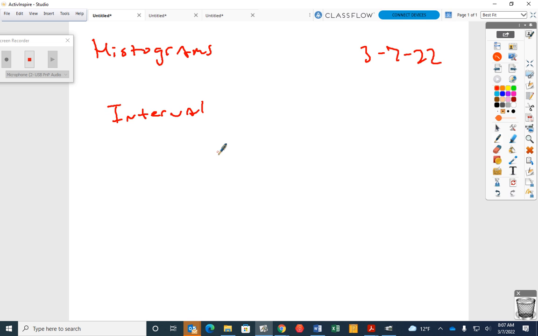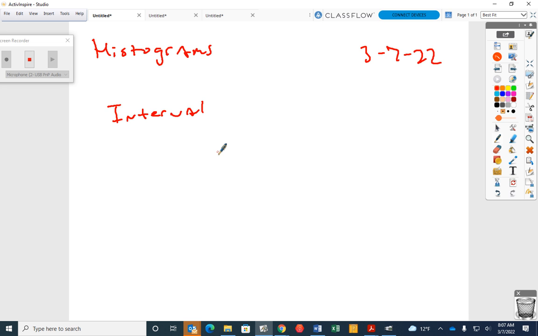This is not on your note sheet, but you can write it down underneath the histogram. What is an interval? Anybody know? Like a section of a whole. An example would be, say you're on a highway and the mile markers, between 2 mile markers. Okay, that's good. But what do those mile markers have in common?